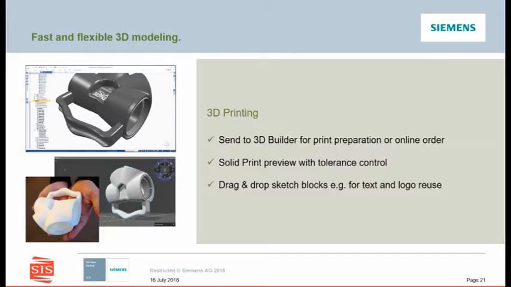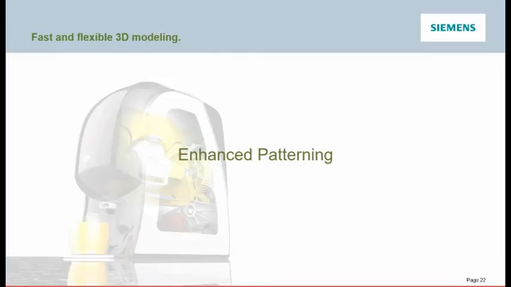Solid Edge ST9 makes 3D printing a reality, whether we own a 3D printer or not. Try it out. Click to order online and get a real part mailed to you. To assist the process, ST9 provides a solid print preview with tolerance control, and reusing logo and text designs on parts is much easier with ST9's drag and drop sketch blocks.